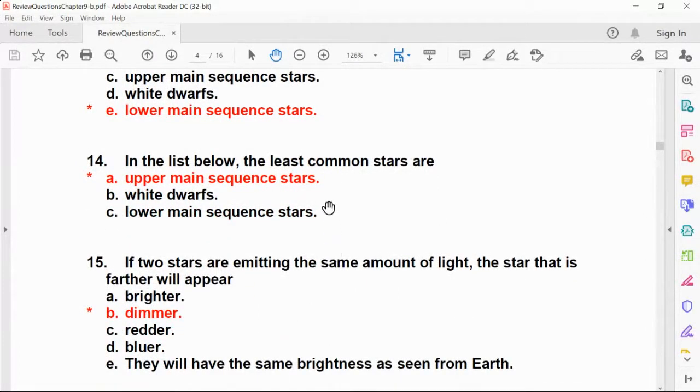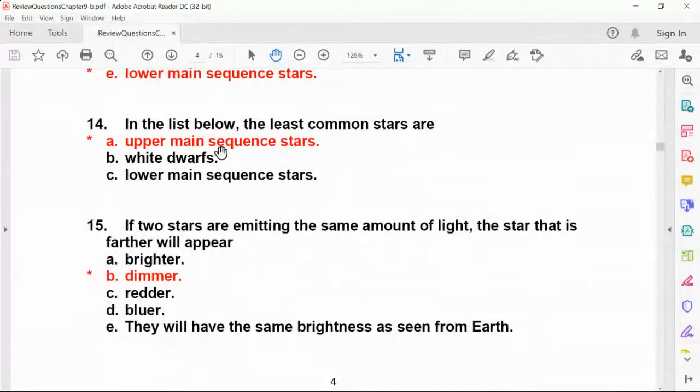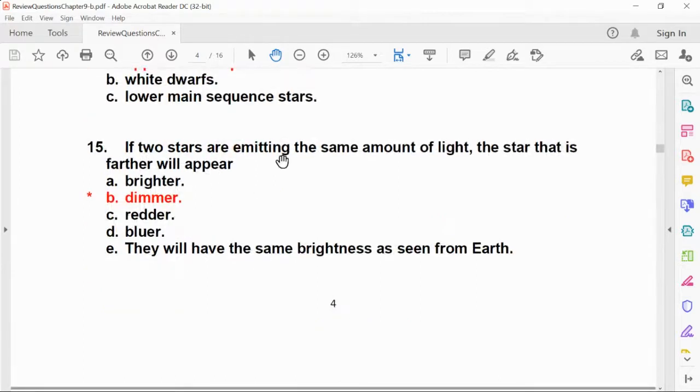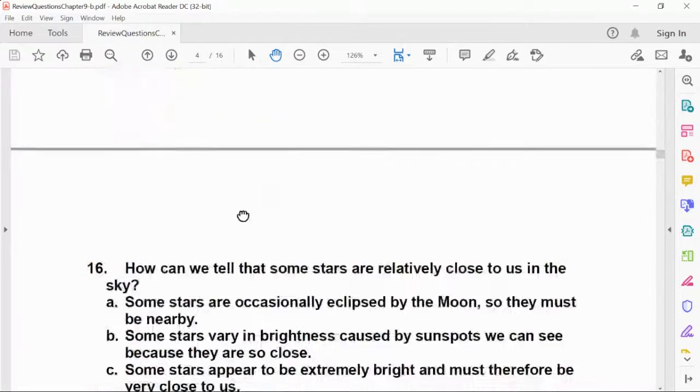In the list below, the least common stars are, okay, so you have upper main sequence stars, white dwarf, lower... so the upper main sequence stars are actually the least common. If two stars are emitting the same amount of light, the star that is further will appear dimmer, and that's basically logical here.